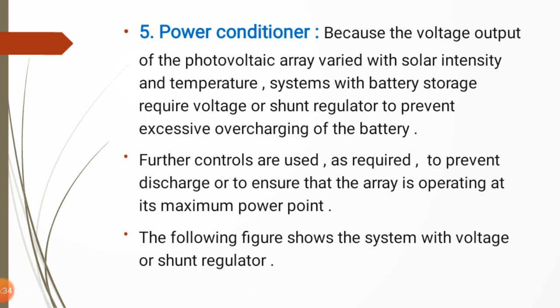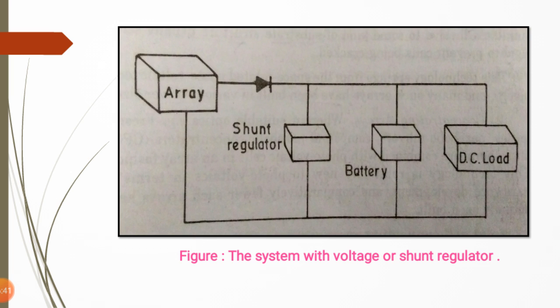The following figure shows the system with a voltage or shunt regulator. That means this figure is with the voltage regulator or shunt regulator, which protects our battery from overheating. So the diagram is the same again: the first component is the solar array. After that there is a blocking diode, and after that blocking diode there is a battery, as in our previous figure, and in between the blocking diode and the battery there is a shunt regulator.